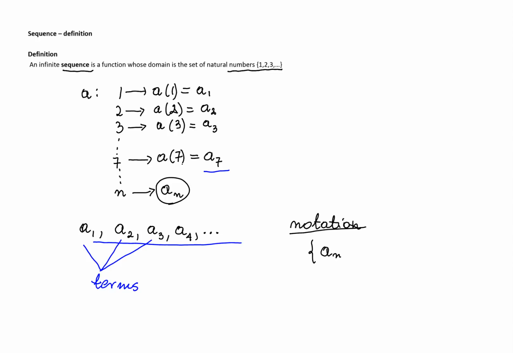A sub n is going to be inside, and then we'll indicate how the values of n change. So we'll write n is greater or equal 1, with the understanding that n stands for an integer. Greater or equal 1 means that we are using numbers 1, 2, 3, 4, and so on. Sometimes we use as the domain a subset of that set of natural numbers, or expand it by adding 0.